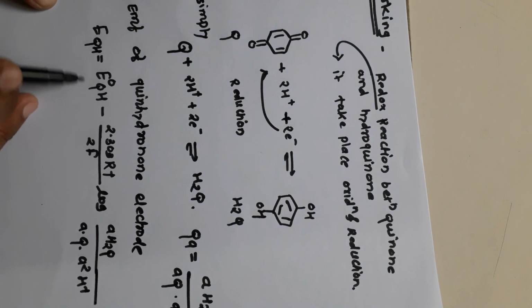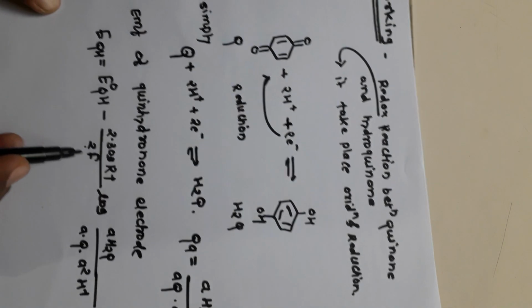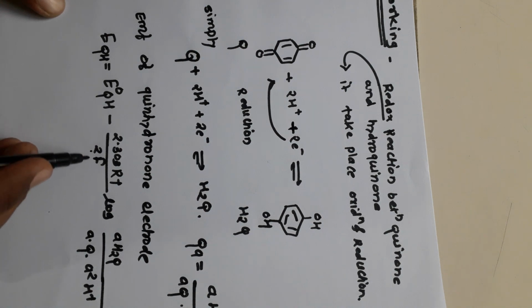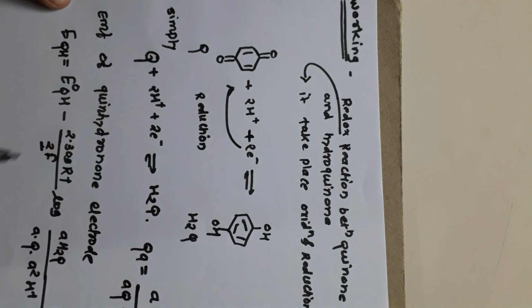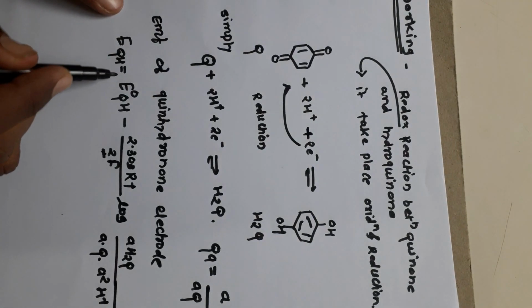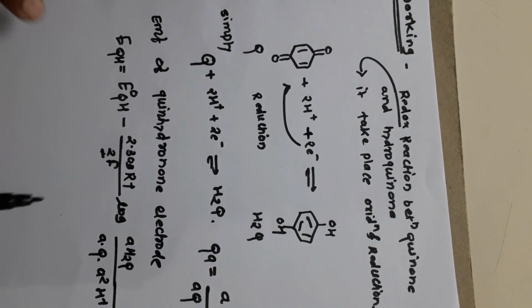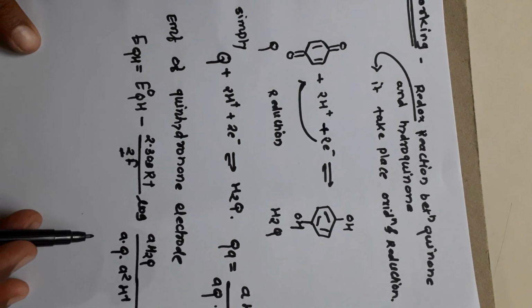This is the Nernst equation, which I already told you. This 2 is the number of electrons taking part in the reaction, so n is equal to 2.